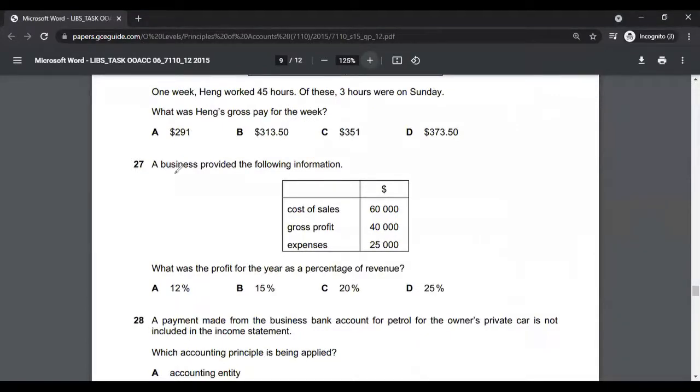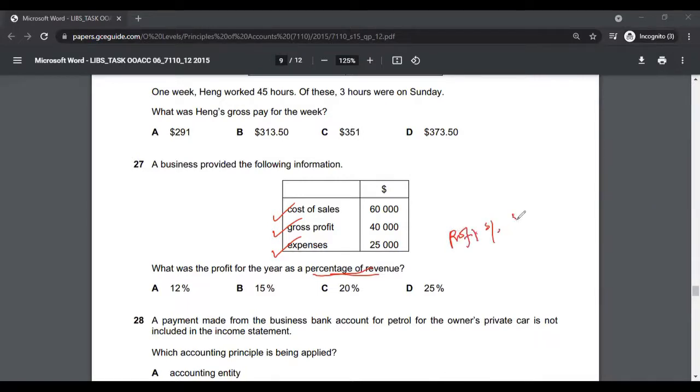Multiple choice 27. A business provided the following information. So you have cost of sales, gross profit and expenses. What was the profit for the year as a percentage of revenue? You don't have the revenue, but you can calculate it by adding these two numbers. Gross profit is the difference between sales revenue and the COGS, right?